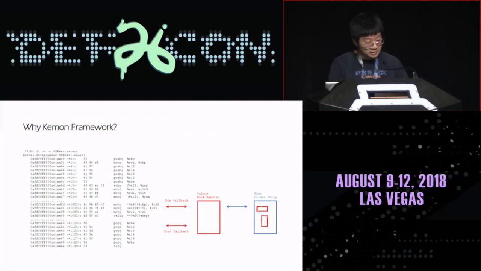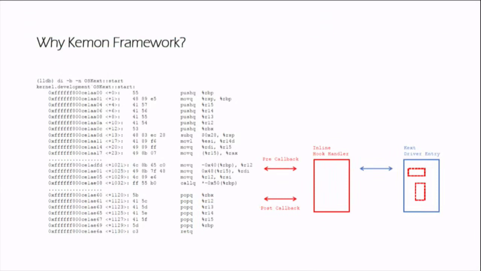In order to bring out some changes, I'd like to introduce you to Kimon, an open source pre- and post-operation callback-based framework for macOS kernel monitoring. Since there's no PatchGuard or similar kernel self-protection subsystem, I built the pre- and post-operation callback interface based on my kernel inline hook engine.